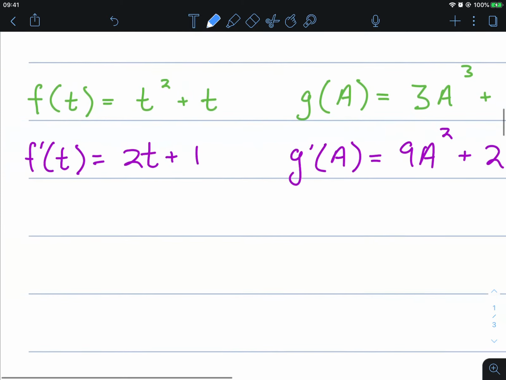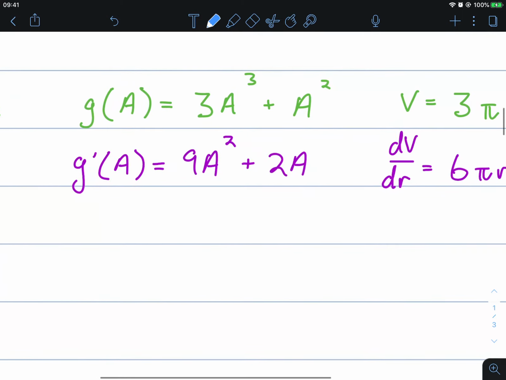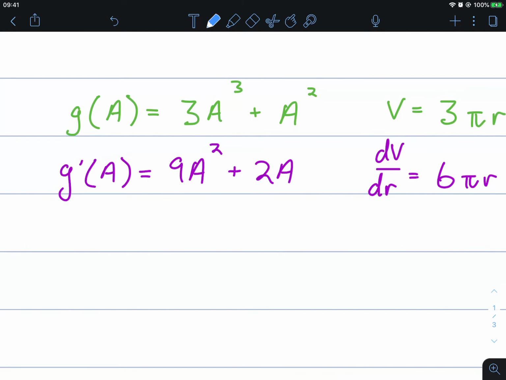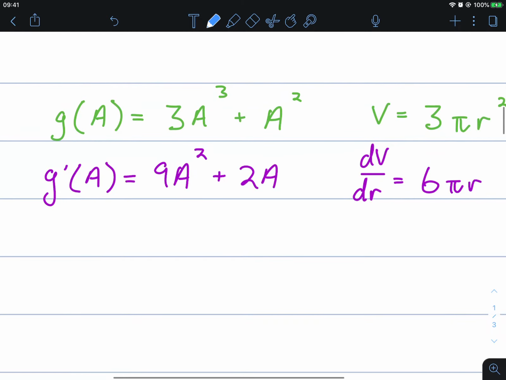So, for example, if you have some function of t, so f of t equals t squared plus t, its derivative, f prime of t, is equal to, it's the same rules, 2t plus 1. It might be the case that you have a as our variable. To find its derivative, we say it's g prime of a equals, well, the same rules apply using the power rule.